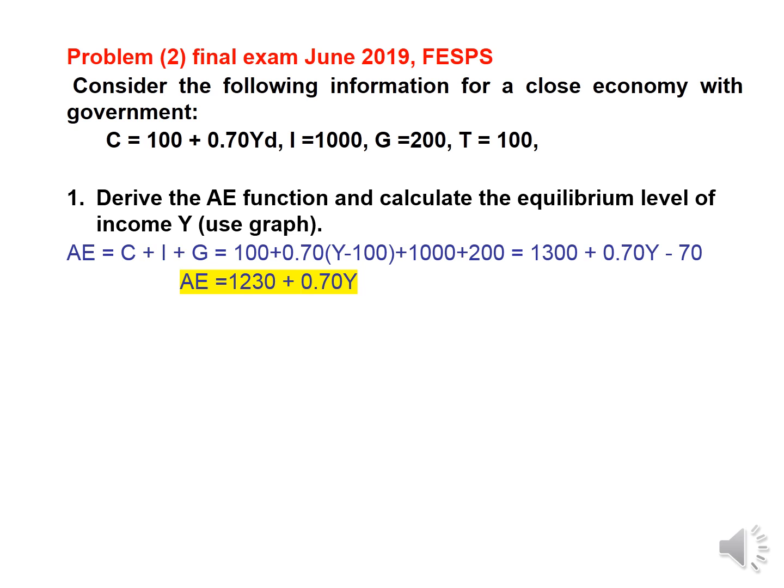How much autonomous spending do I have? 1200 plus 100, up to now 1300, plus 0.7Y minus 70.